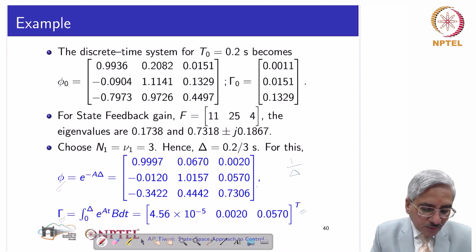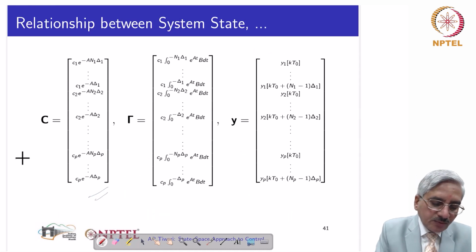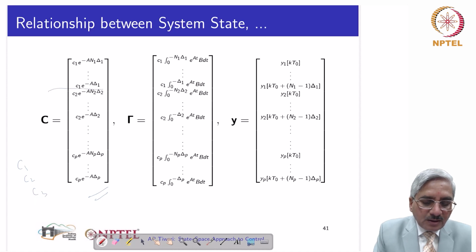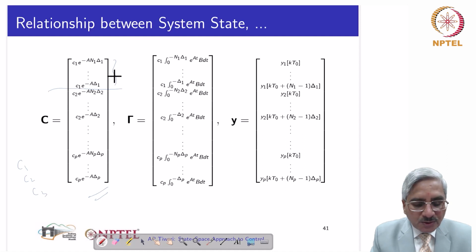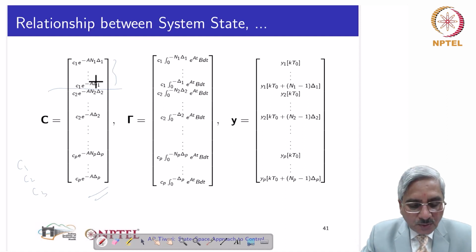So these will be used to calculate that bold C, etc. These are the relations we recall, and of course for this system it will be C1, C2 and C3 only. There were N1 rows, and since there is only one output, we have C1 e power minus A delta, C1 e power minus 2 A delta and C1 e power minus 3 A delta.